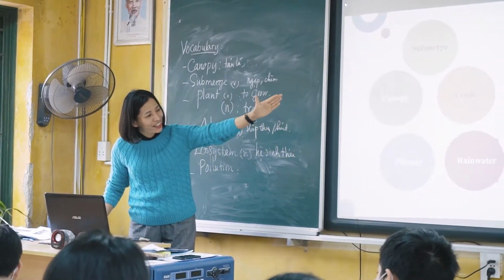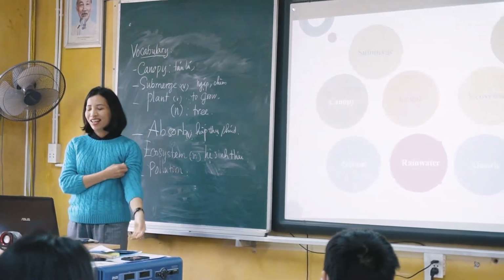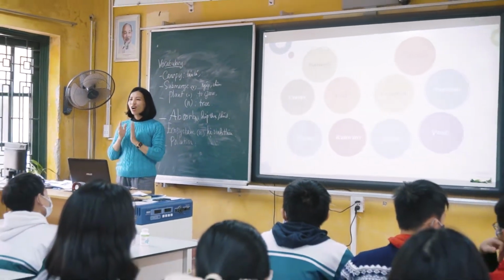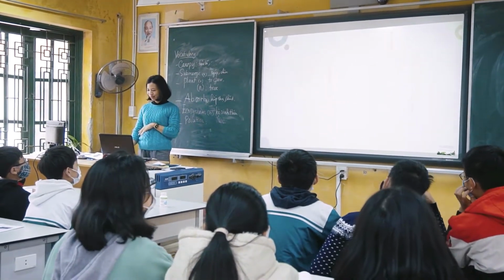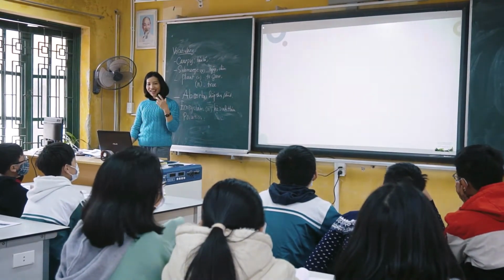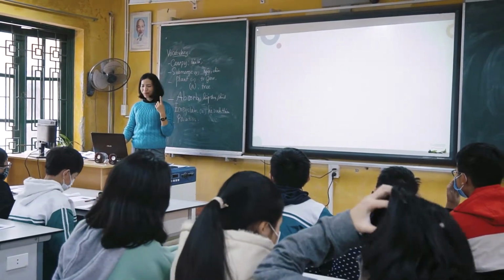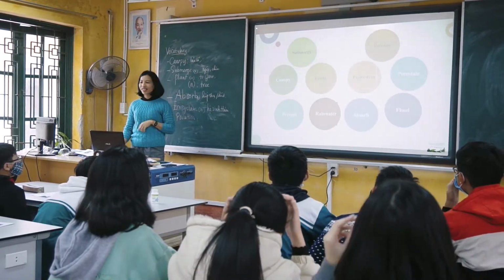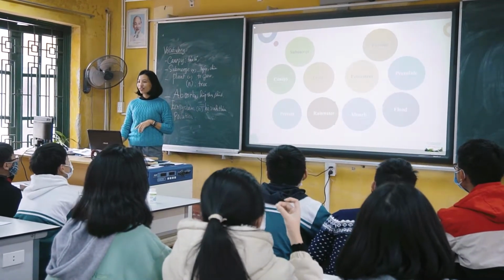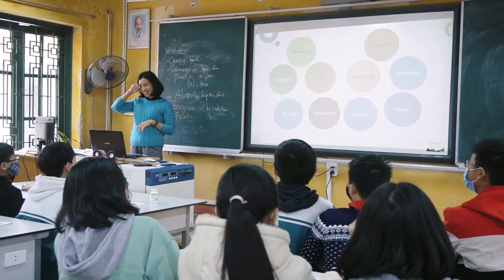Look at the board again. And find how many words are missing in the next round. There are a lot of words missing, and how to remember what is missing? Look at this again. Put your pens down on the table, please.